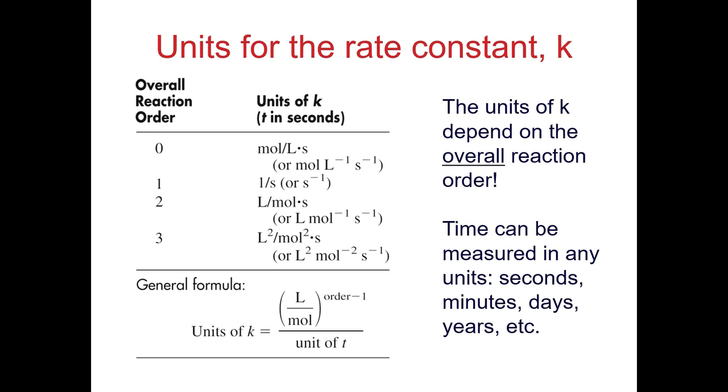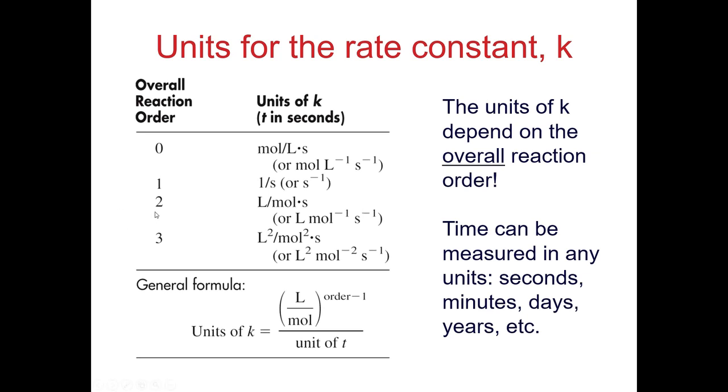If our overall order of reaction is first order, then our rate is proportional to concentration. So the units of K would just be 1 over seconds.